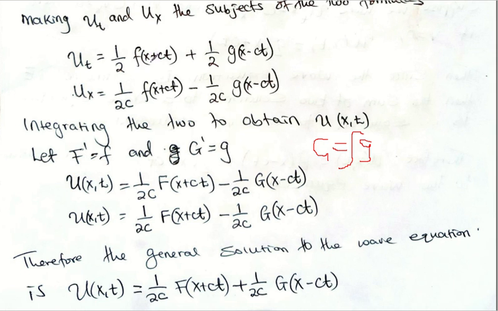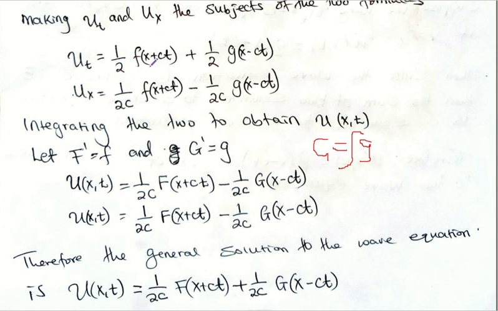Normally when you are differentiating, you first differentiate what is inside, then you multiply by the derivative of everything. Now when we are integrating, we integrate what is inside, ct, to get c, and then we divide by it. So the 1 over 2 will now become 1 over 2c.